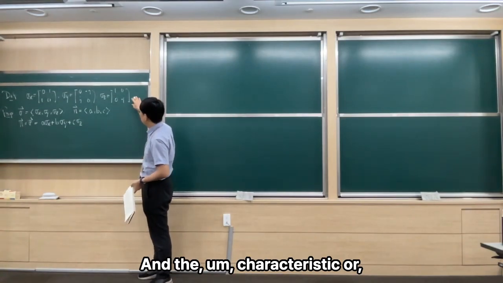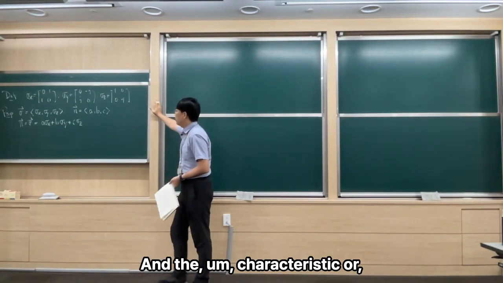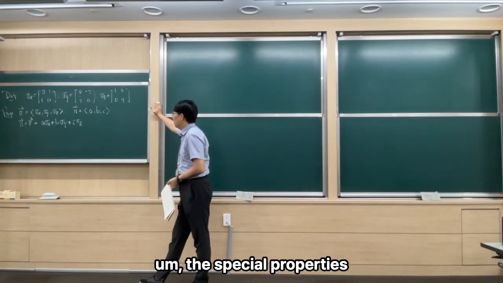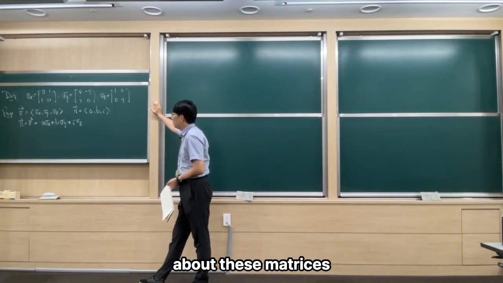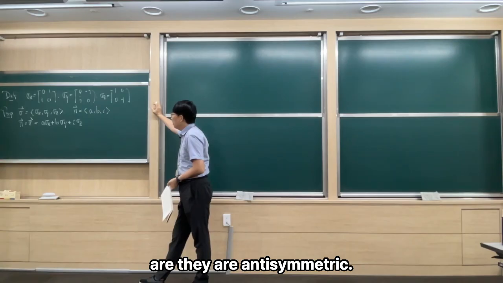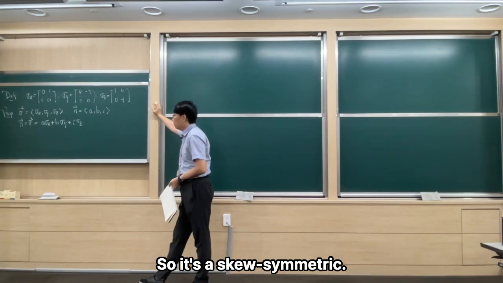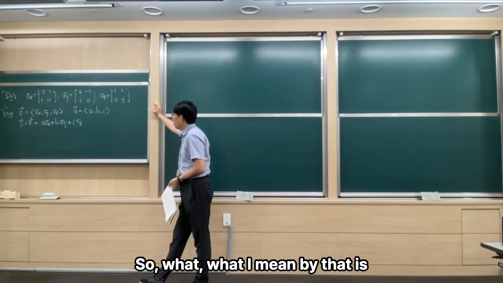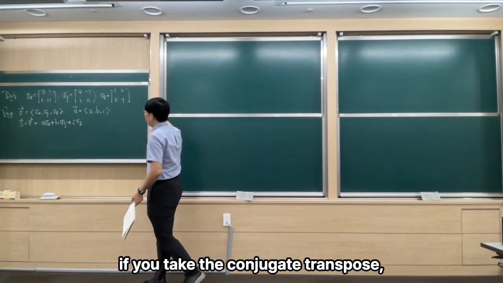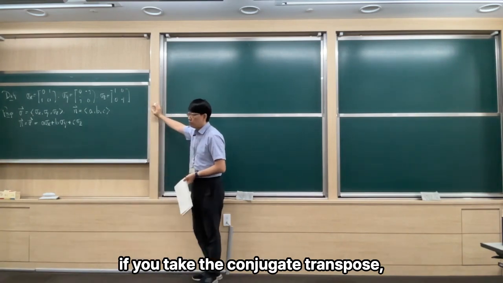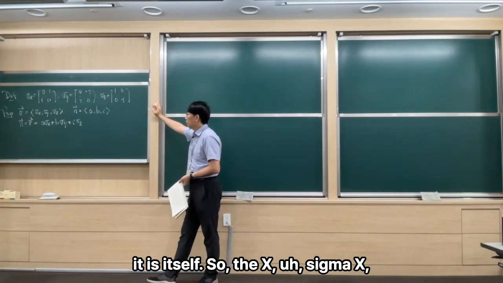And the characteristic, or the special properties about these matrices, are they are antisymmetric. So it's actually skew symmetric, sorry. What I mean by that is if you take the conjugate transpose, it is itself. Okay?